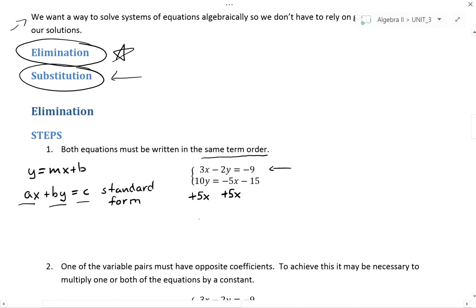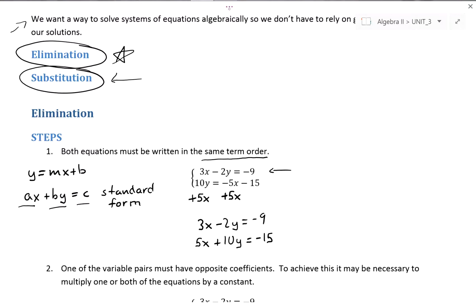So, keeping my 3x minus 2y equal to negative 9, I now have on my bottom equation, because I added 5x to the left-hand side, 5x plus 10y equal to negative 15. You see now that by adding the 5x to both sides, I've put that bottom equation in my system of equations into standard form.